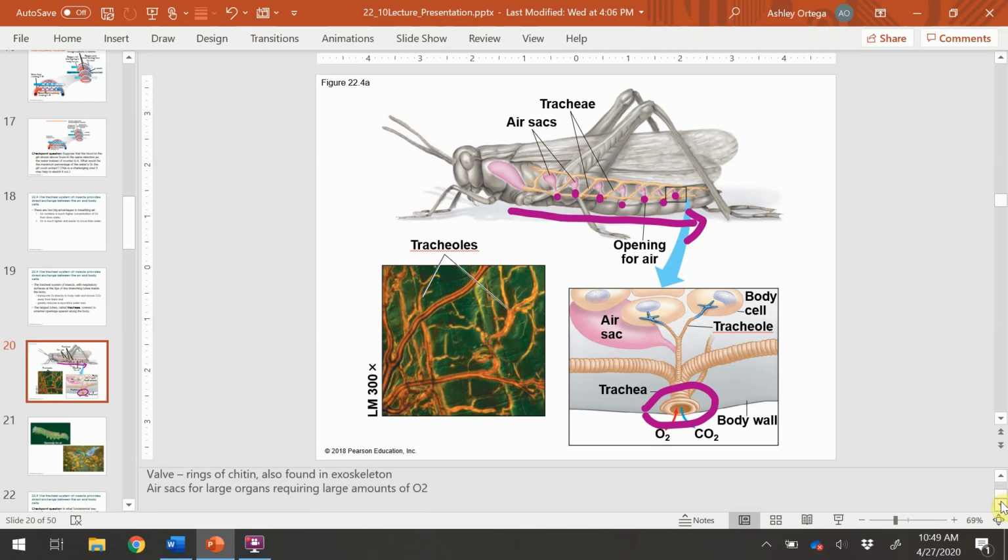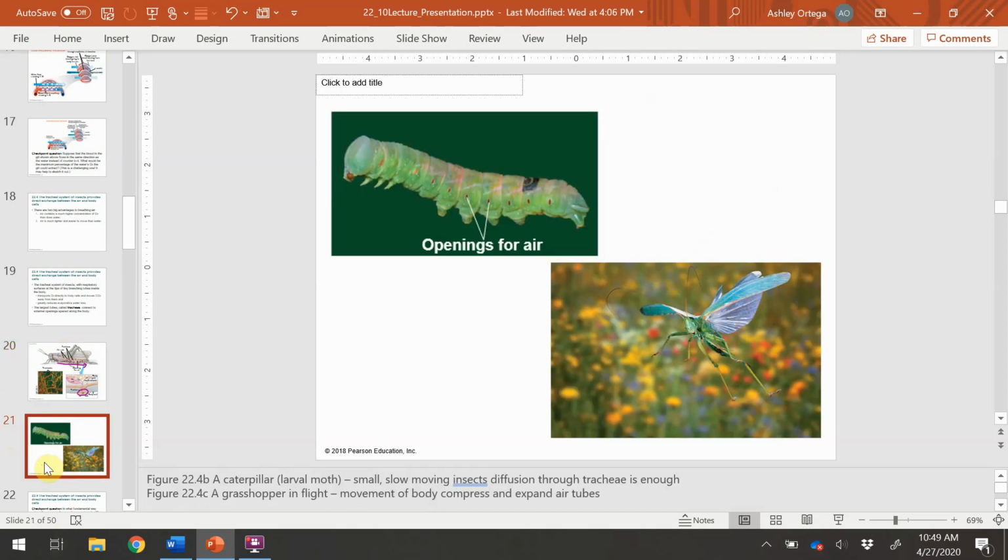And so looking at how the gases move, you might ask. Some of them will move with the body of the animal to help move the gases quickly. Here in these examples, a caterpillar in the top left. These are small, slow-moving insects, and so the diffusion through the tracheae is enough. They don't need any additional assistance for gas exchange.